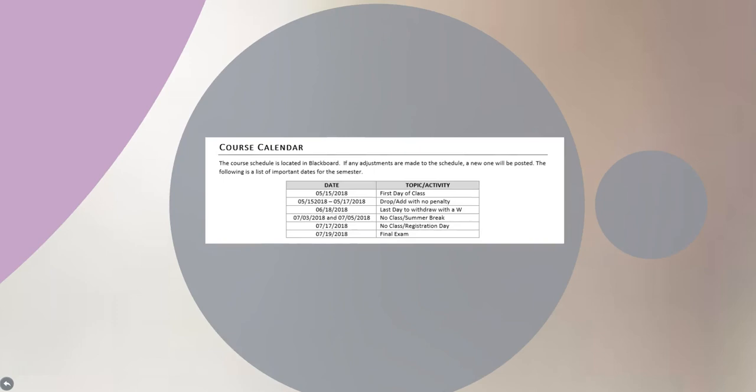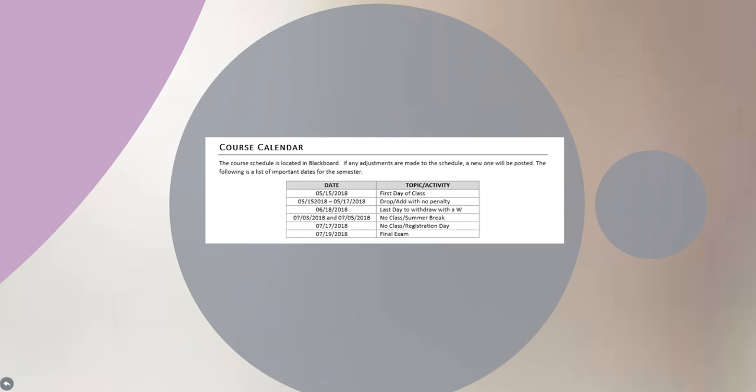Okay, here's our course calendar. Our course schedule is located in Blackboard, which lists the due dates for each of your unit tests. If any adjustments are made to the schedule, a new one will be posted. The following is just a list of important dates for the semester. The first day of class is May 15th, 2018. Between May 15th and May 17th, you can drop or add classes with no penalty.